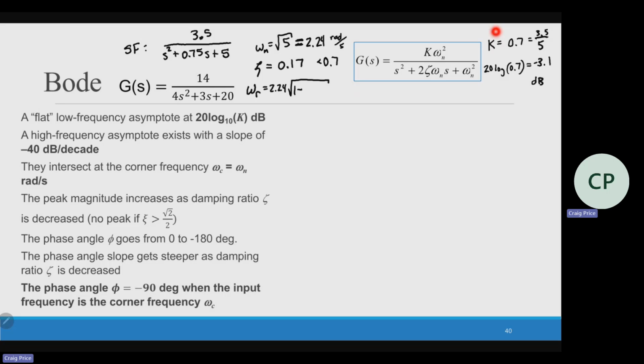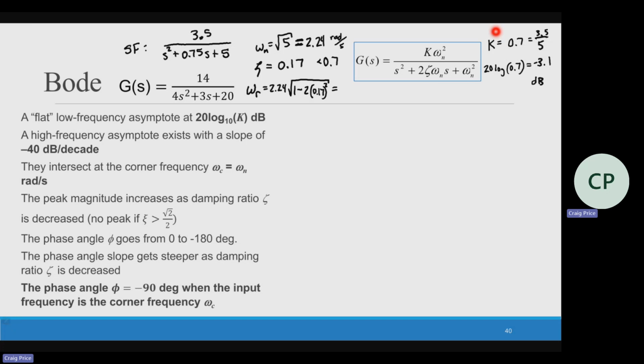I have it somewhere, I just don't want to mess it up. Okay, so this is how we can calculate the resonant frequency.